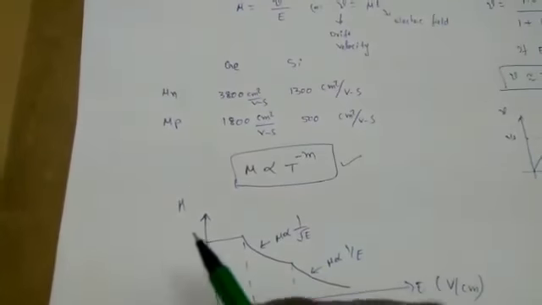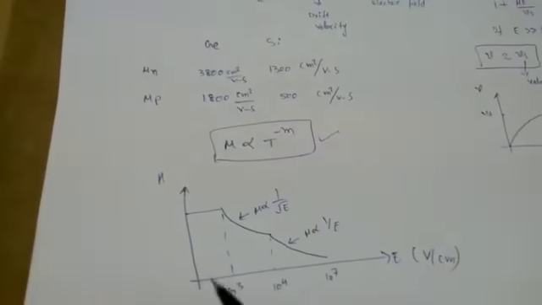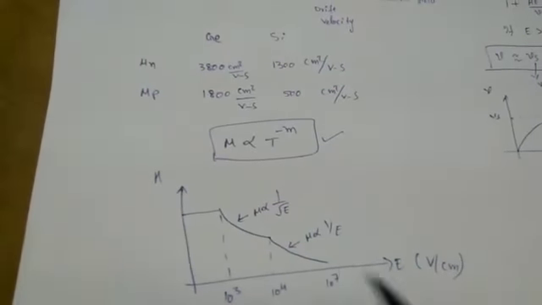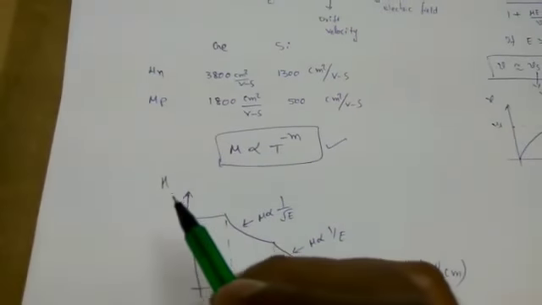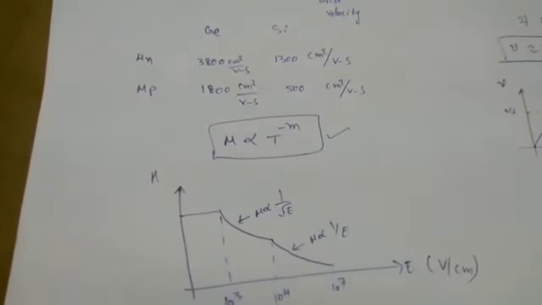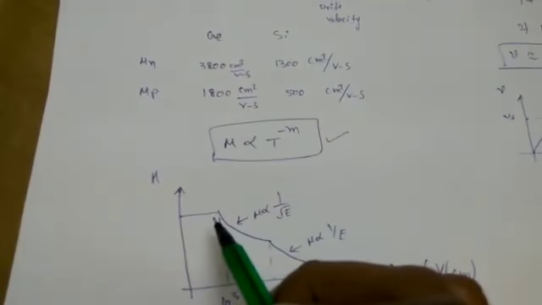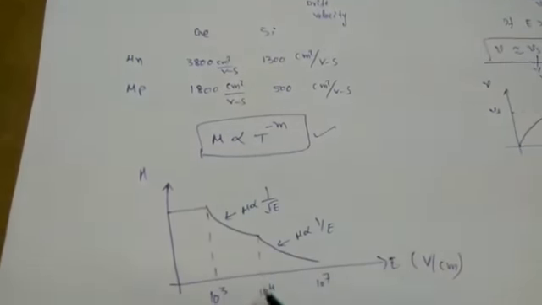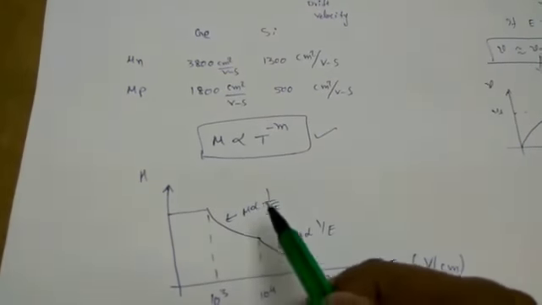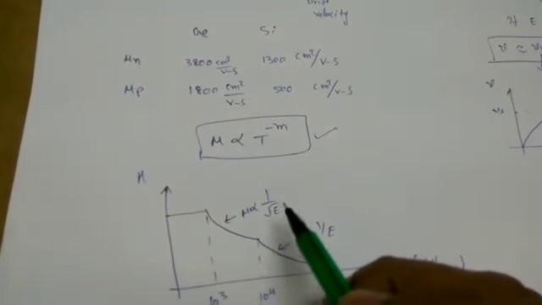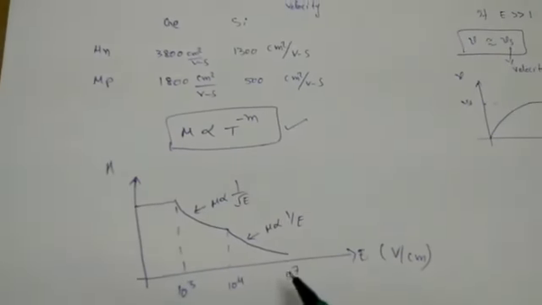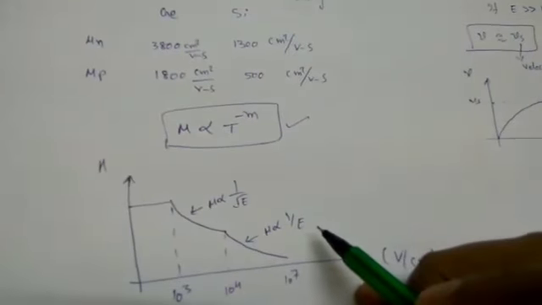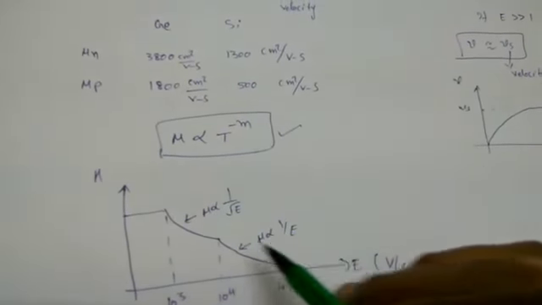Similarly, for mobility versus electric field, if you draw the graph, mu is constant for a small electric field, then for larger fields it is inversely proportional to root E. But at very high fields, it is inversely proportional to E. So that we need to remember.